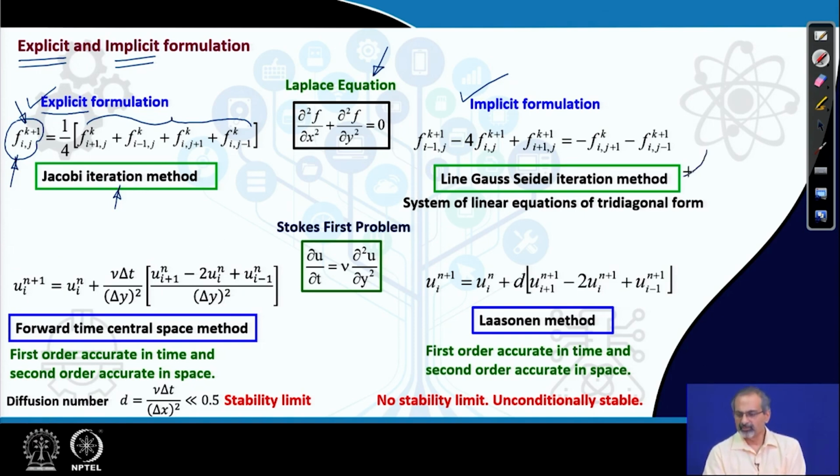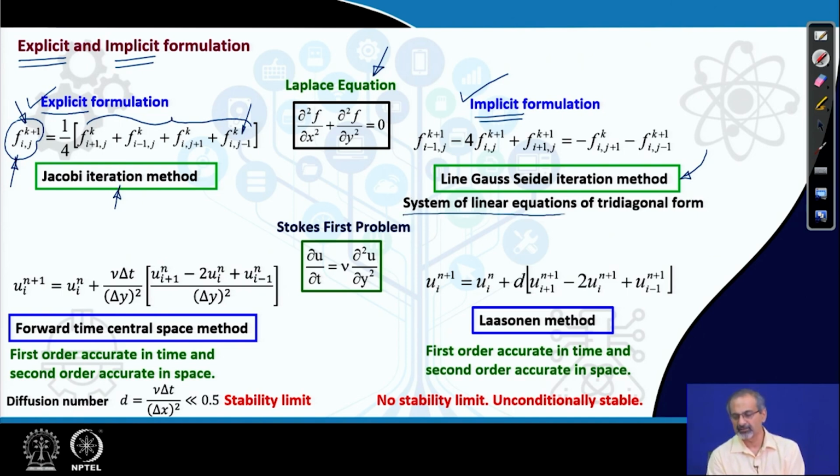On the other hand, the same problem can be solved by solving for values of f at multiple grid points at the same time simultaneously, not one grid point at a time. That comes through what is called an implicit formulation. So, the value of the function will not be available directly from one equation, but rather value of f at multiple points will be solved simultaneously through a set of simultaneous equations.